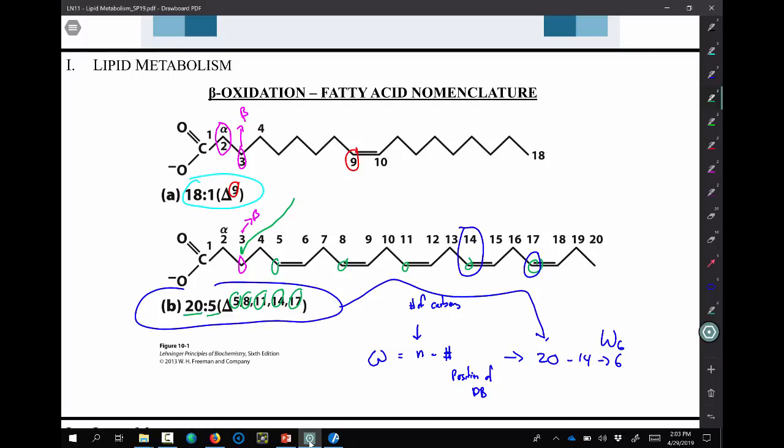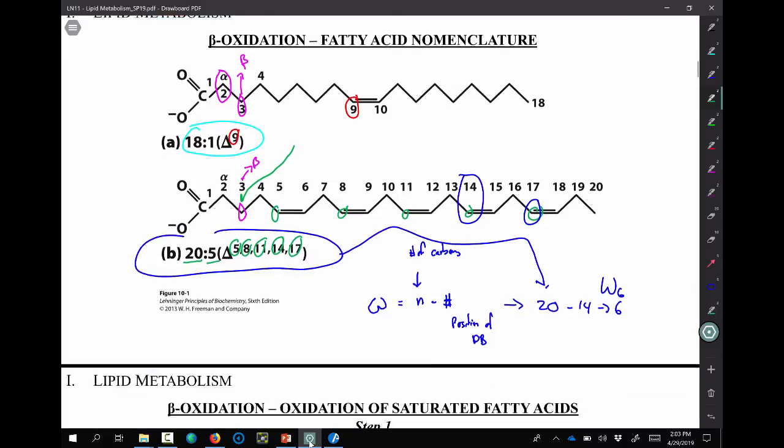So when we think about that name, we're thinking about how that third carbon on a fatty acid is going to be oxidized. It's going to go through these successive rounds to oxidize essentially completely and break up a fatty acid completely into 2 carbon units of acetyl-CoA. That's what we're going to be thinking about today.